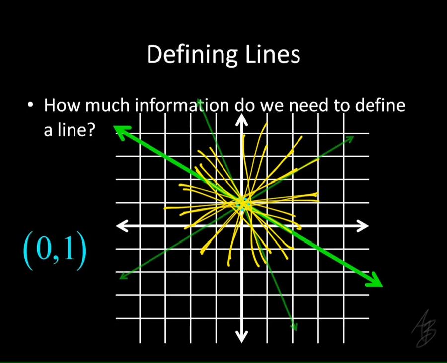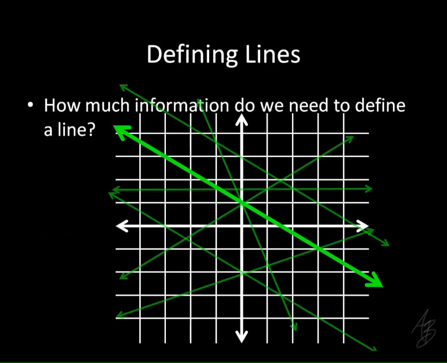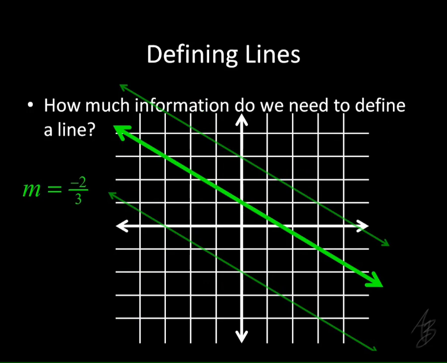But what if we combine those? What if I were to say it has a slope of -2/3? Then which lines are we talking about? Those three lines that I had up there earlier, right? I'm just talking about those three. Now, if I'm just looking at those lines with a slope of -2/3, and I add in this point, so I'm saying the line that has a slope of -2/3 and goes through the point (0, 1), now which line am I talking about?